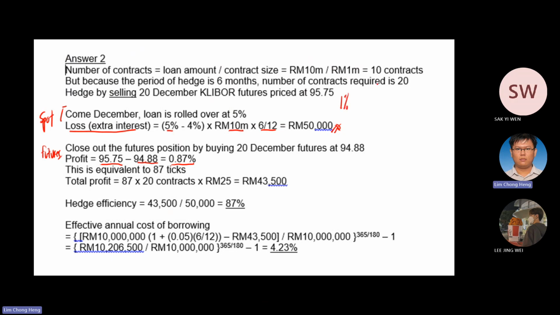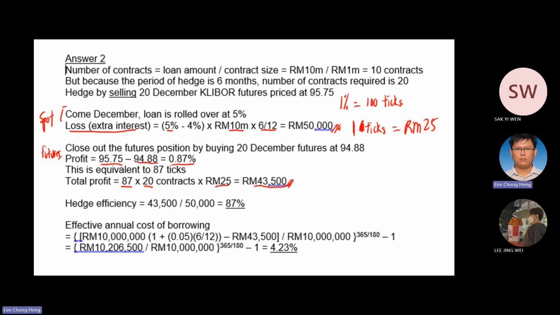In the interest rate future, 1% is 100 ticks, and 1 tick is 25 ringgit for the Malaysian interest rate future. So how much do you earn? You got 87 ticks, 20 contracts, and each tick 25, then you calculate.